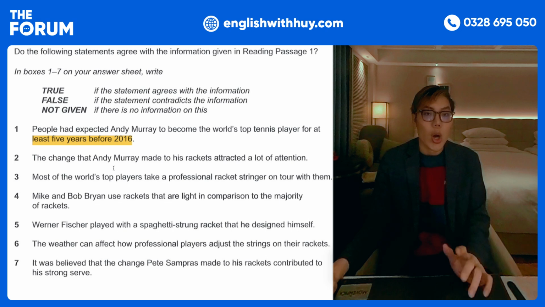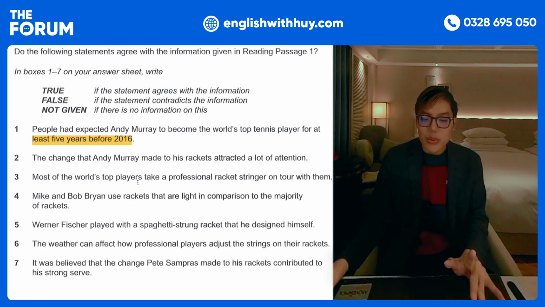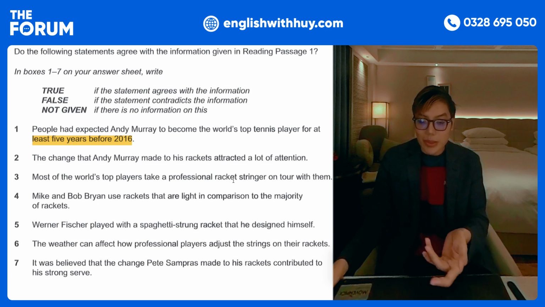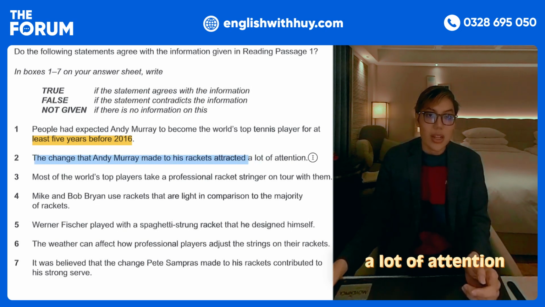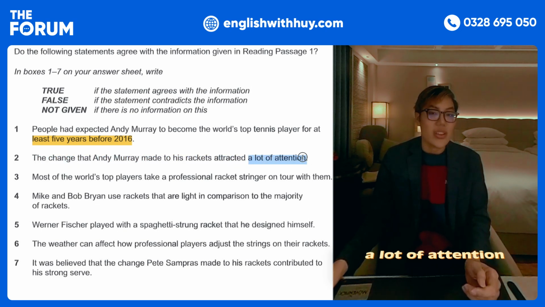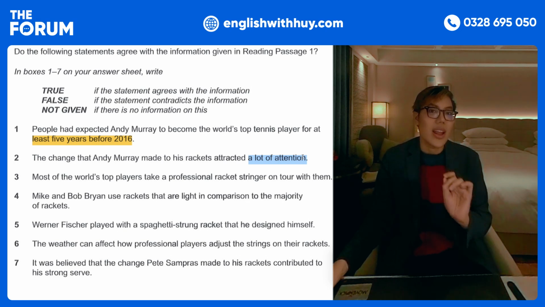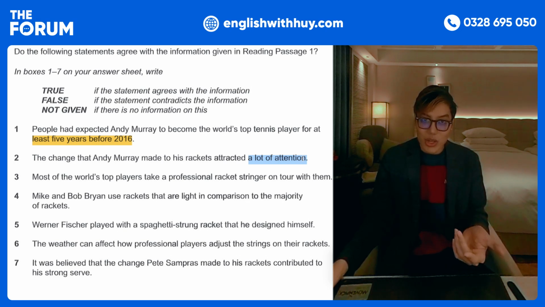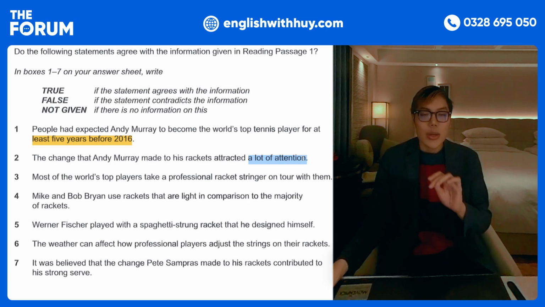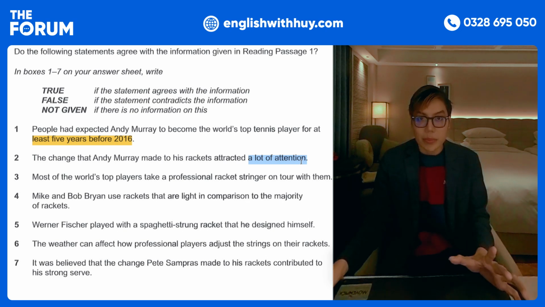It can be overwhelming, or it can be very subtle, and those are two different ways to answer the question. So you would negate this statement by picking out the words a lot of attention. If the change attracts a lot of attention, the answer would be true, and it would be false if this change did not receive a lot of attention from all the people.